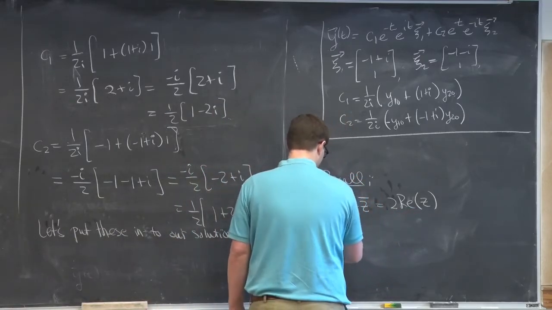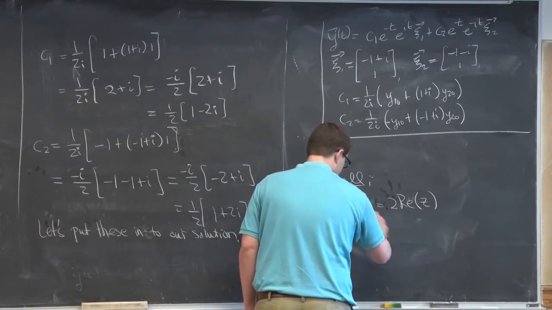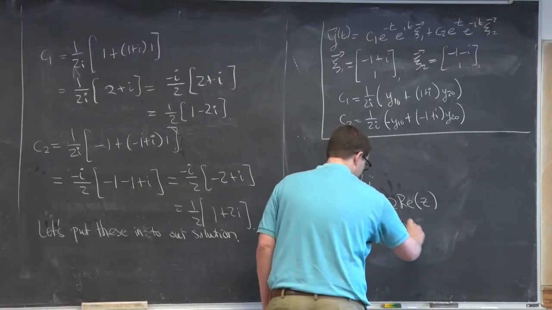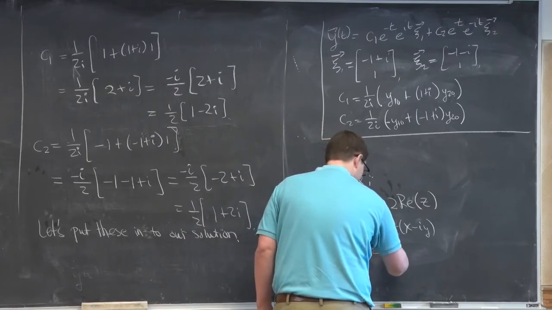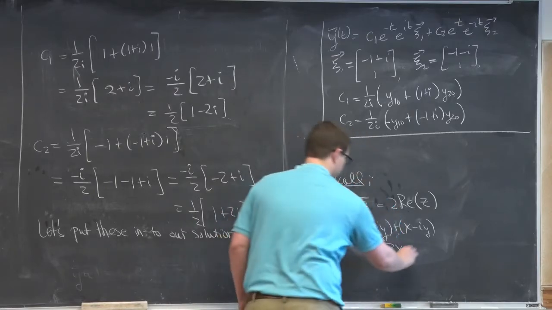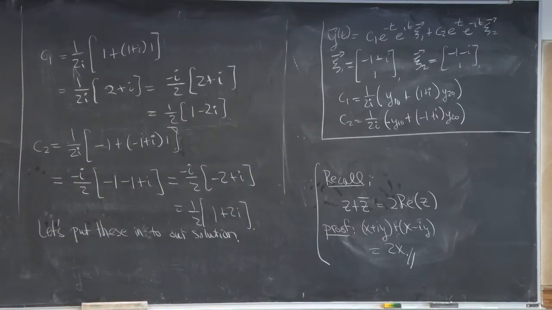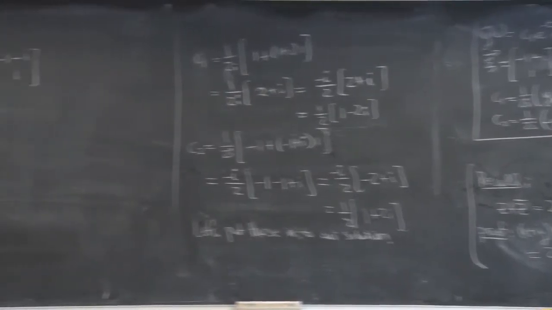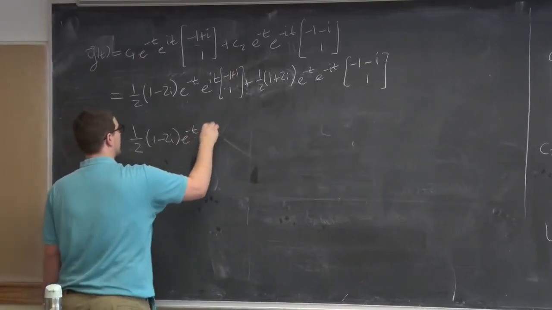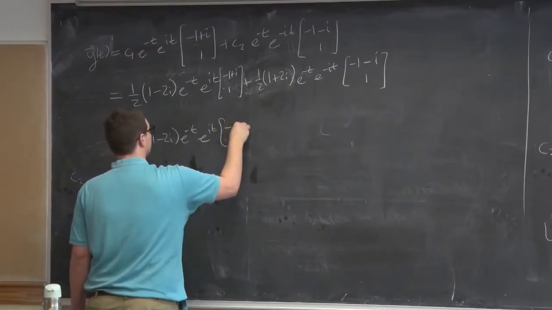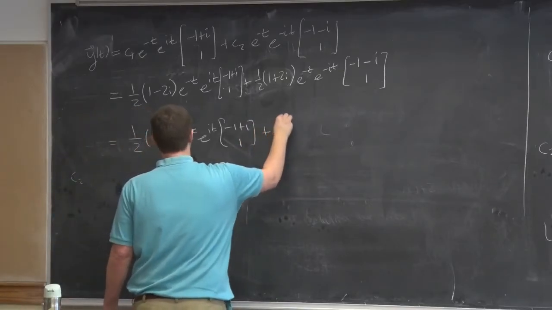So here's a little proof, right? x plus iy plus x minus iy is equal to 2 times x. So note that this thing here is 1/2, (1 minus 2i), e to the minus t, e to the it, times (-1 plus i) over 1, and then all the signs are flipped, plus 1/2.